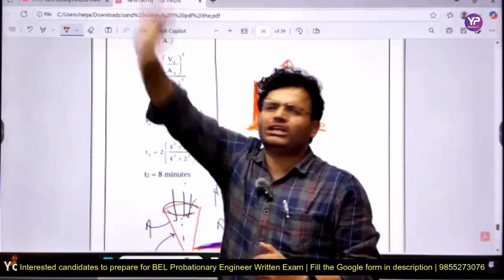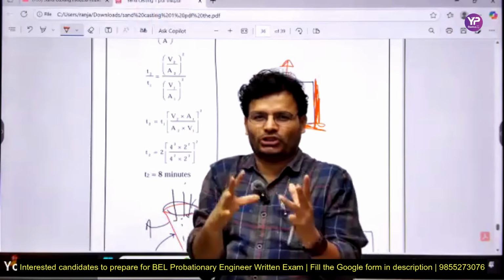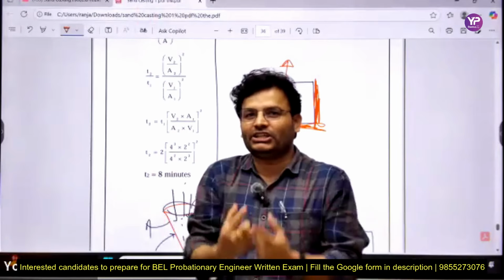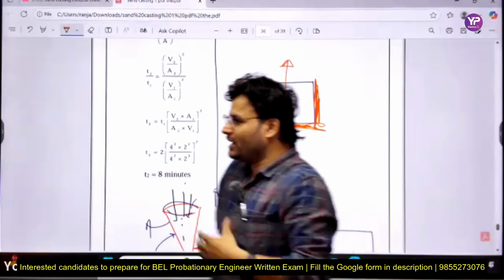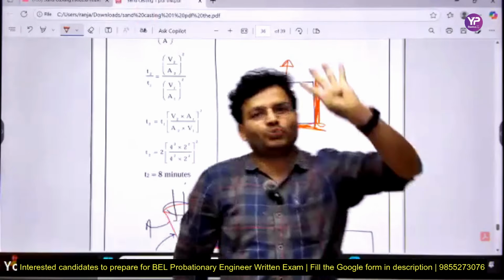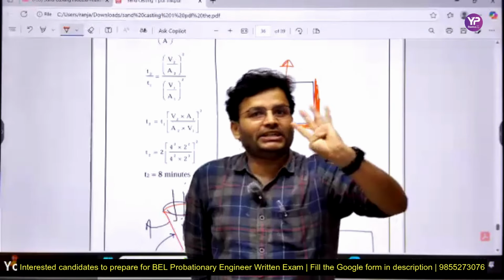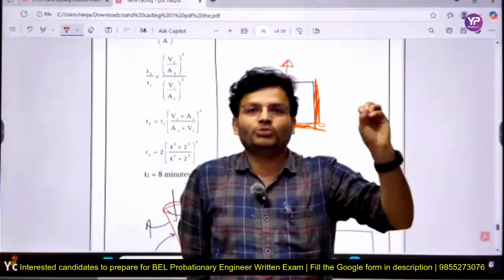Otherwise, in all cases when it solidifies, the volume decreases. So tell me the exceptions. In the case of water, when it solidifies and comes into the solid state, its volume increases.